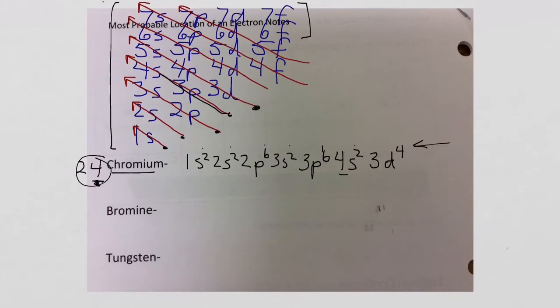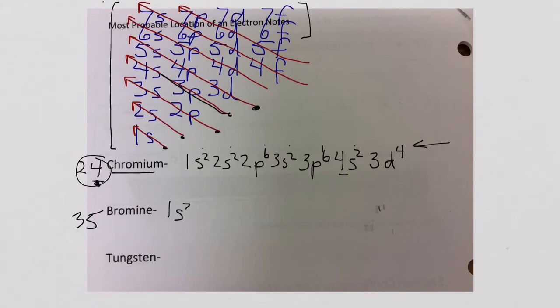All right, let's try bromine. So why don't you take a look on where that is on the periodic table. Element symbol Br. Yep, 35. Okay, so we got 35. Now again, we're just going to start over and keep filling and keeping track of how many electrons.